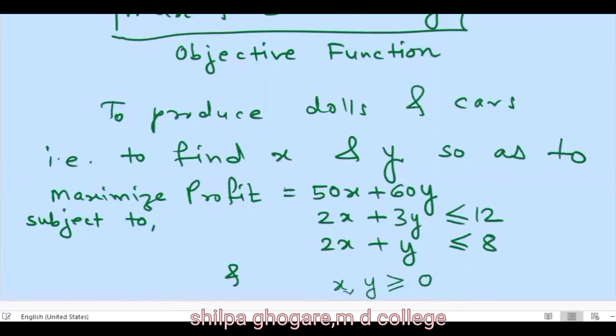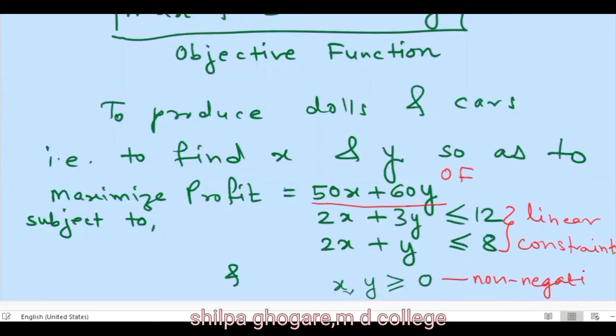So what we have here is, this is my objective function. These two are my linear constraints, and this is the non-negativity condition. Let us write it in short: objective function, linear constraints, and non-negativity condition.